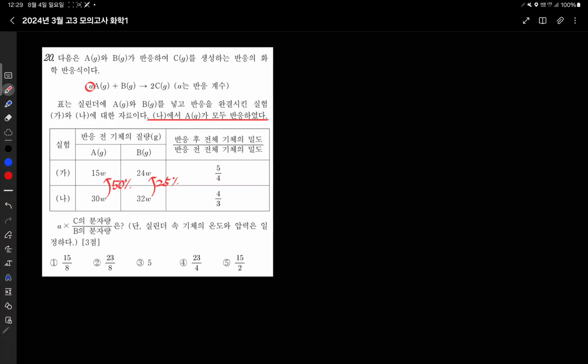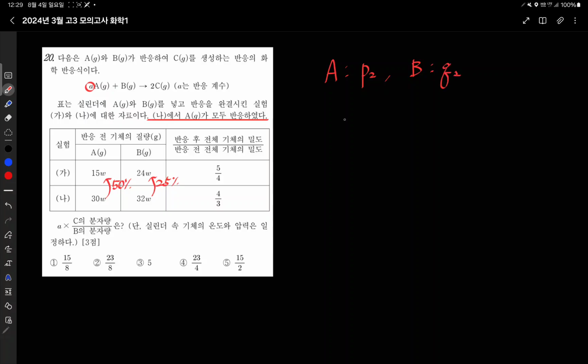And I'm going to assume that both the A and B are diatomic molecules, so that I don't have to split the atom to make new molecule C. So let's say A is made of 2 p atoms and B is made of 2 q atoms.